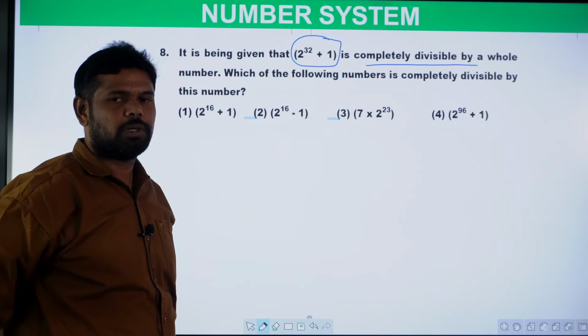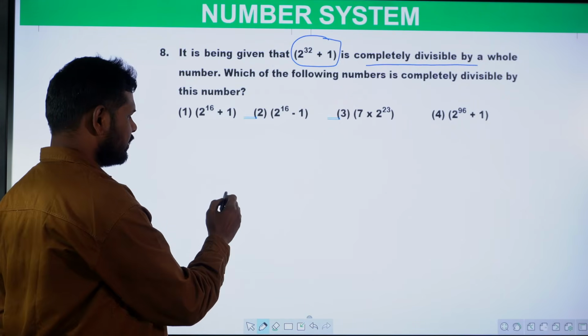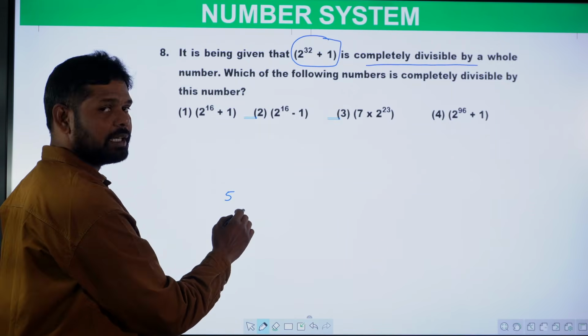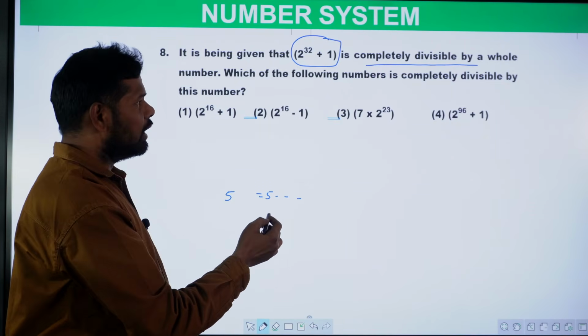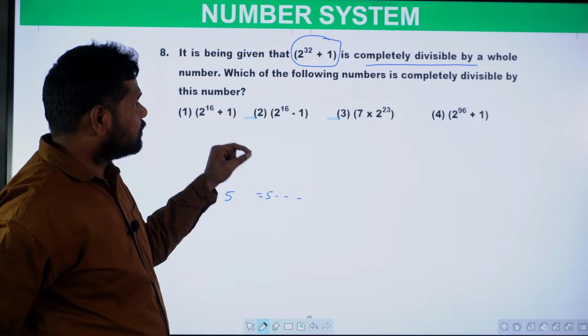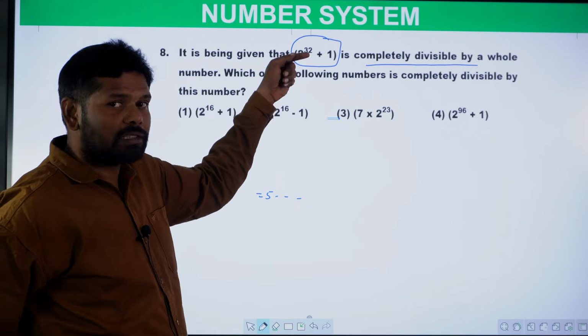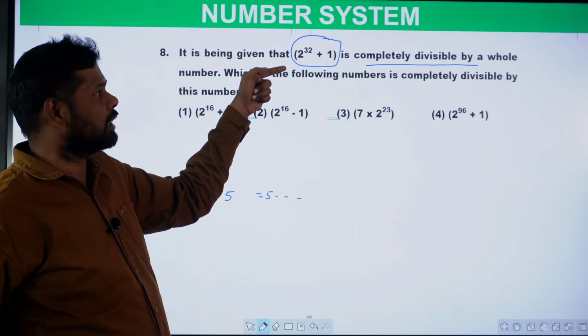2 power 32 plus 1. Suppose any number is divisible by 5, it means that number is either equal to 5 or greater than 5. Clear? Similarly here, if a number is divisible by 2 power 32 plus 1, that number is definitely greater than or equal to it.